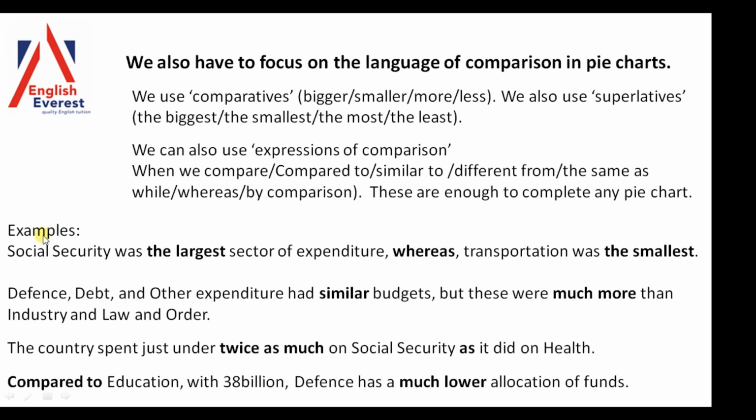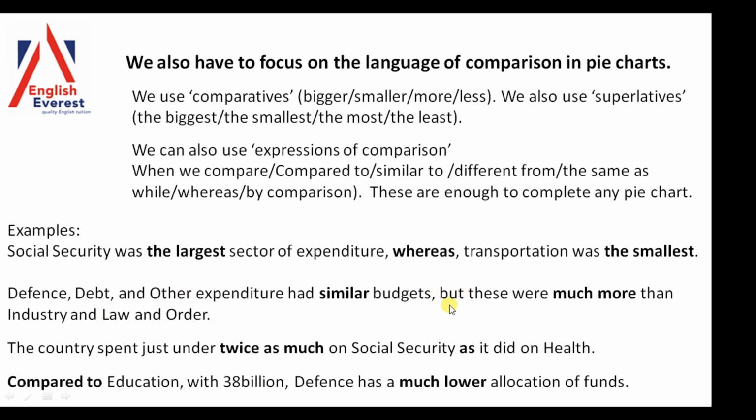Examples. Social security was the largest sector of expenditure, whereas transportation was the smallest. That is now a complex sentence because we've separated it. Defence, debt and other expenditure had similar budgets, but these were much more than industry, law and order.